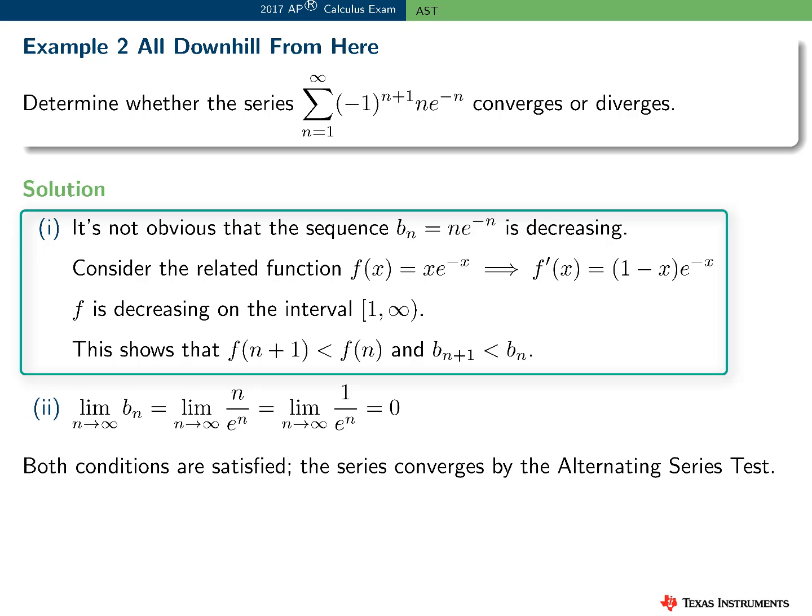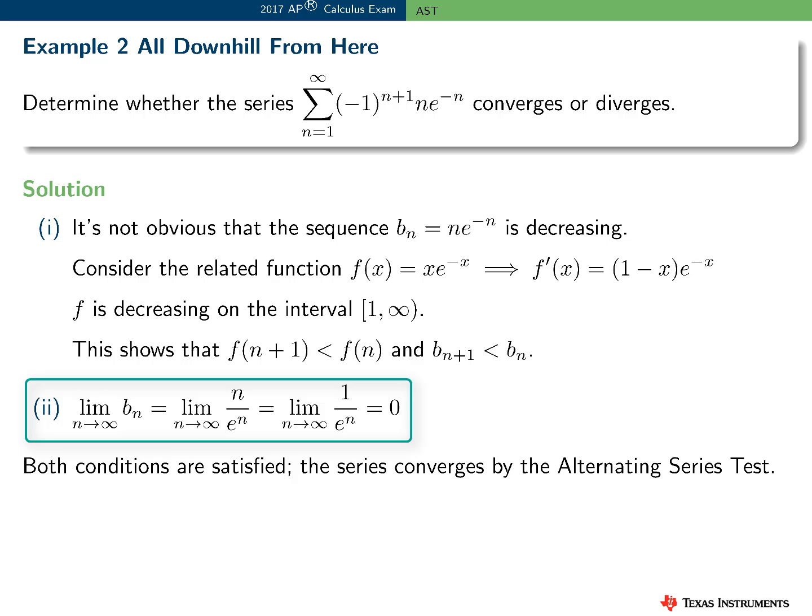I found the first derivative, and I can see that f is decreasing on the interval 1 to infinity. Can you see why? If x is greater than 1, then f prime of x is less than 0. This argument shows that f of n plus 1 is less than f of n, and therefore that b sub n plus 1 is less than b sub n.